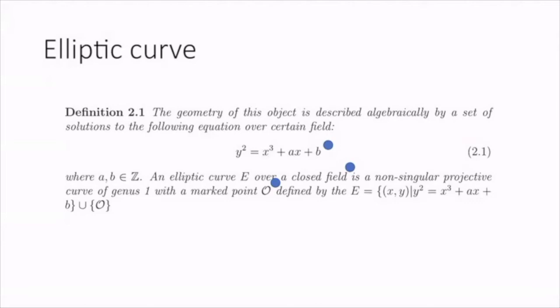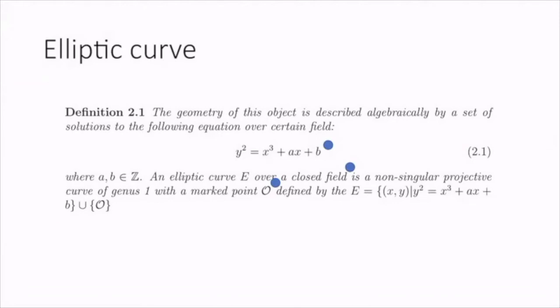The geometry of this object is described algebraically by the set of solutions to the following equation over a certain field: y squared is equal to x to the third plus ax plus b, where a and b are integers.